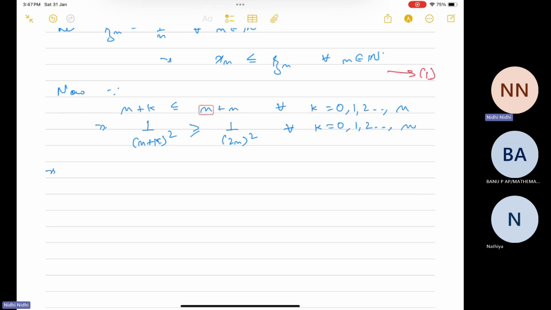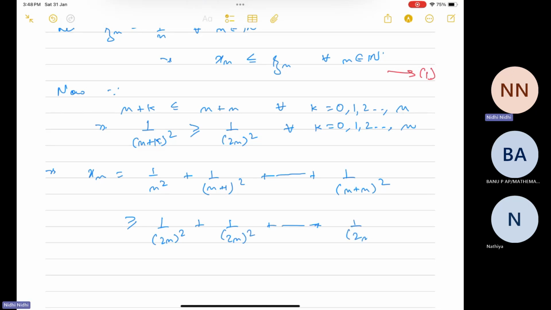Now this will imply xn, which was 1 by n squared, 1 by (n plus 1) squared, and so on up till 1 by (n plus n) squared, will be greater than or equal to 1 by 2n squared plus 1 by 2n squared, and so on up till 1 by 2n squared.